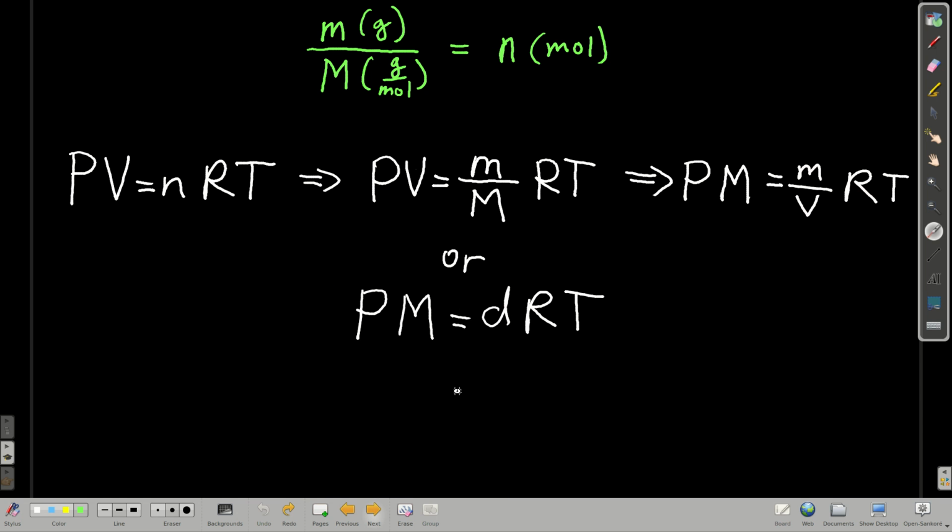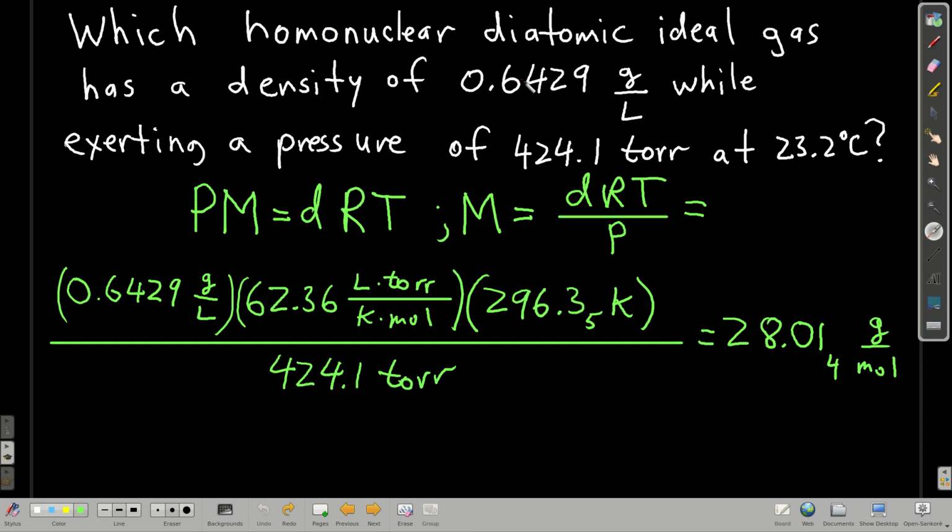Now let's look at an example. So let's see, we can figure out which homonuclear diatomic ideal gas. Okay, so the picture is this. We know that it's a homonuclear diatomic gas. Homonuclear just means it's the same atom. Diatomic means it's two atoms. So, it's one of those, the Hofbrinkel elements.